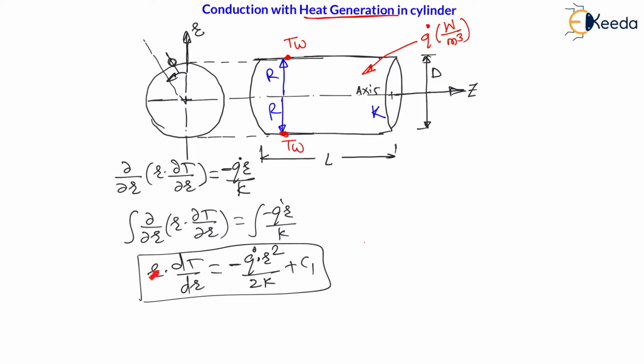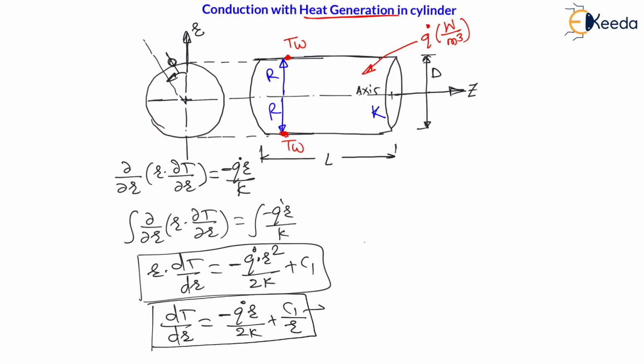Now if I take this r to the right side, I will get the temperature gradient. Therefore dT/dr, the temperature gradient, will be equal to minus q dot r divided by 2k, since this r and r squared get cancelled and only r remains, plus c1 divided by r. This is the temperature gradient equation. Name this equation as equation number 1.